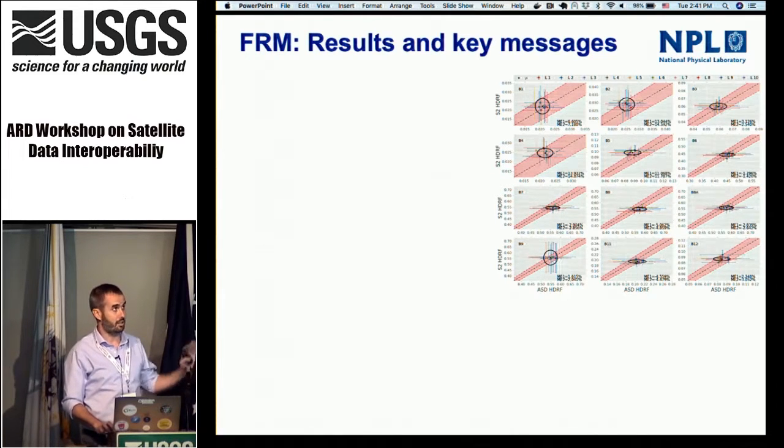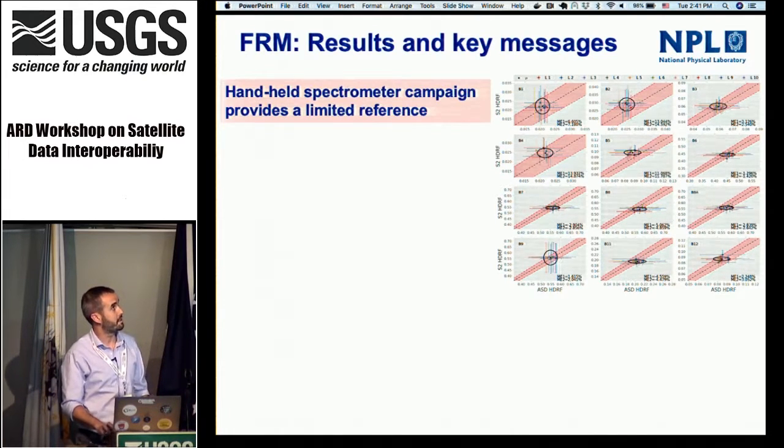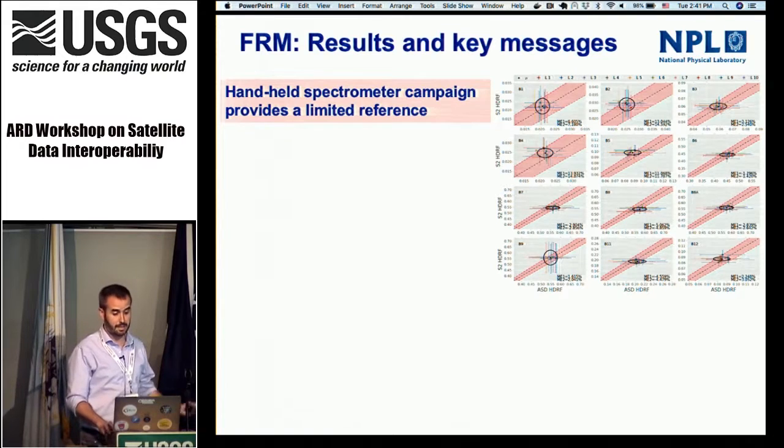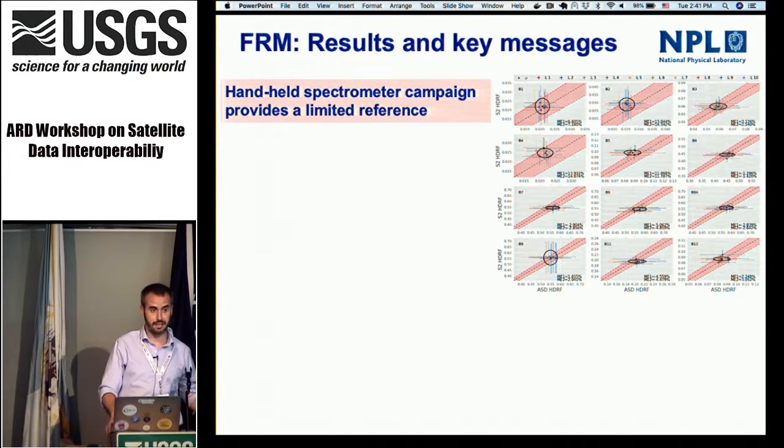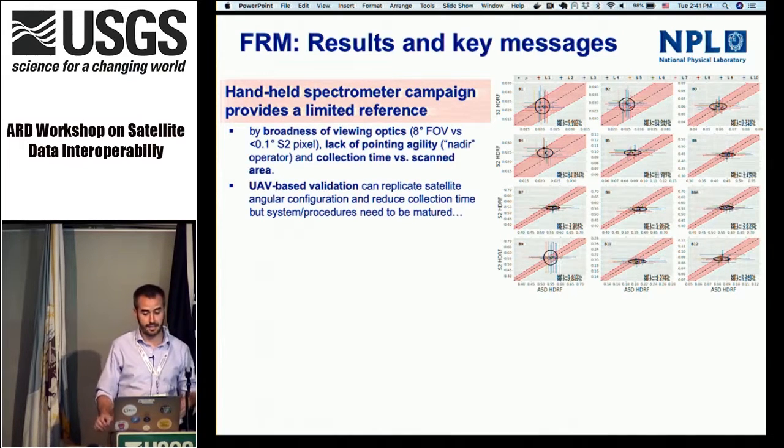So the key messages of this part of the presentation are that a handheld spectrometer campaign provided us with a limited reference. We are considering that a typical ASD is a problematic thing if we want to go to a very fine level of detail, basically because the ASD has broad viewing optics at the 8 degrees field of view, lacks the pointing ability, and the collection time is also quite limited.